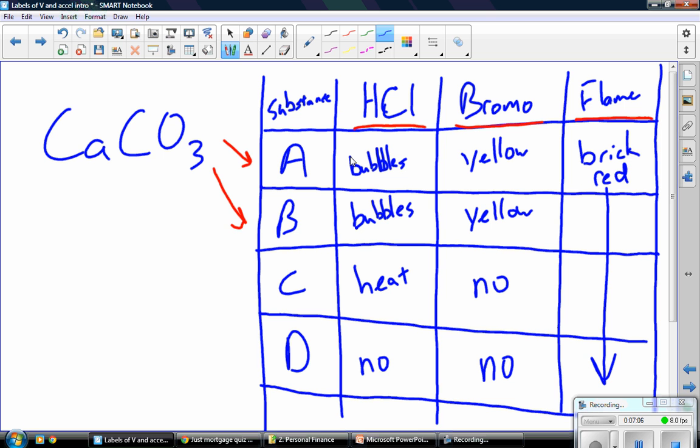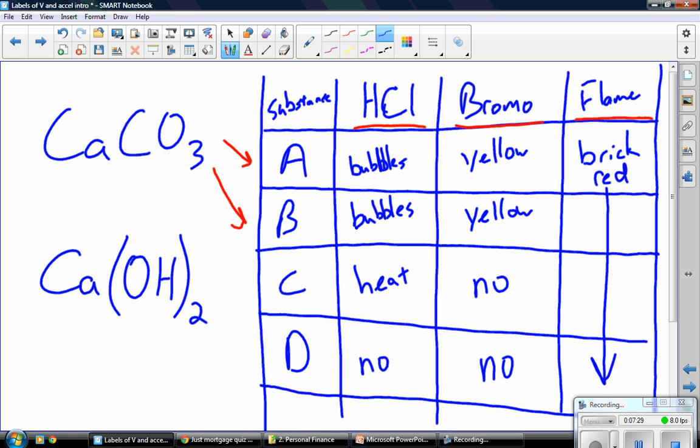Substance C, and I want to make sure I get this right, was calcium hydroxide. So calcium hydroxide, and this is going to take us into our discussion on polyatomic ions, because we're going to look at what the heck these brackets mean and this number. That's for our next lesson.